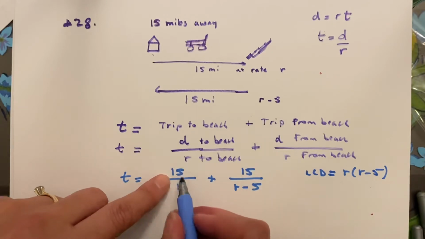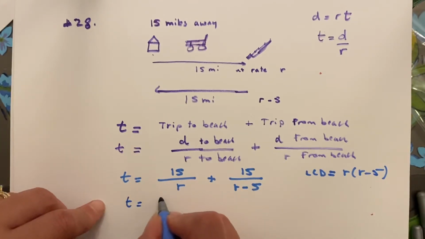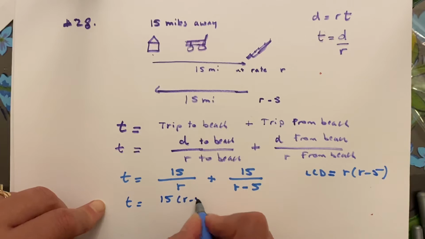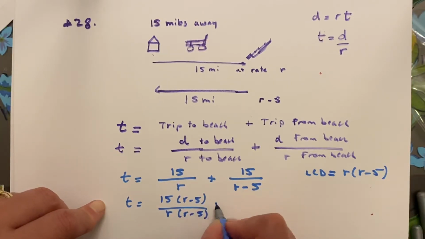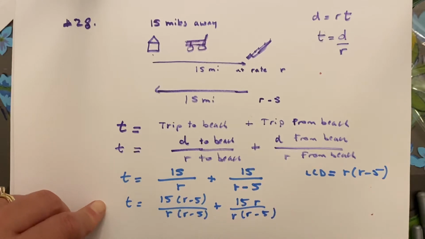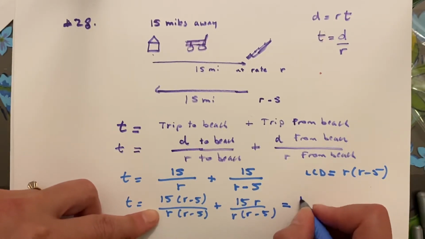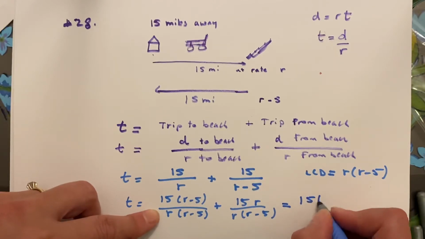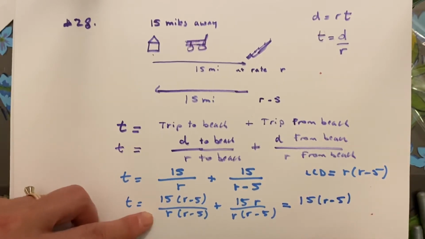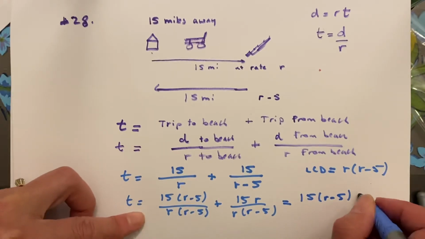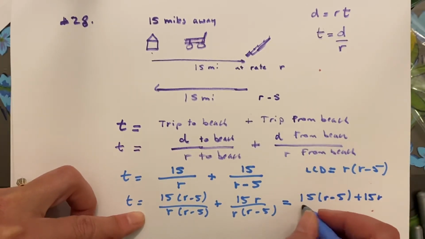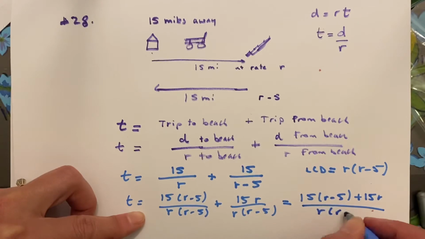That means I have to multiply the top by R minus 5 and the bottom by R minus 5. And here, I'm going to multiply the top by R and the bottom by R minus 5. Now I can combine my numerators, and I get 15 times R minus 5 plus 15R over R times R minus 5.